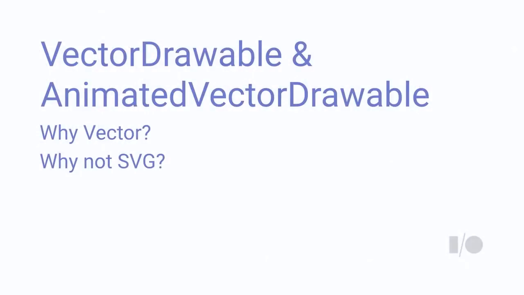The second question we commonly get from developers is, why are we not using the SVG file format? I hope you all know SVG is a very complicated spec, and is surely overkill for representing those simple, small icons for your Android app.